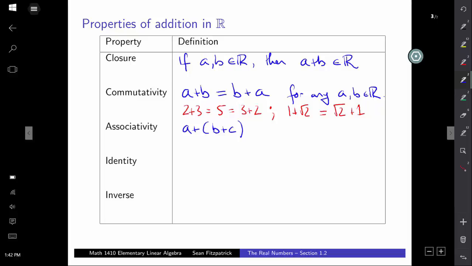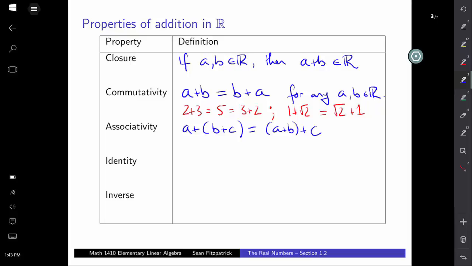That gives you a number which you can then add to a. Another way you could have done it is to first combine a and b to give you a new number and then add the result to c. And associativity says that it doesn't matter.